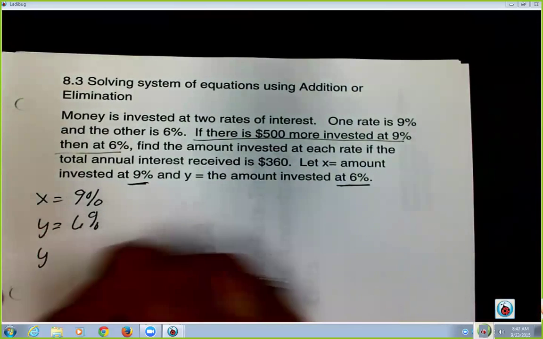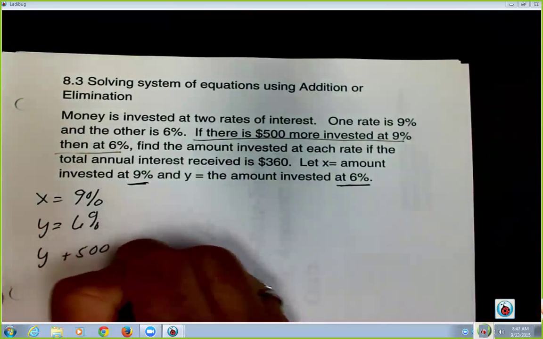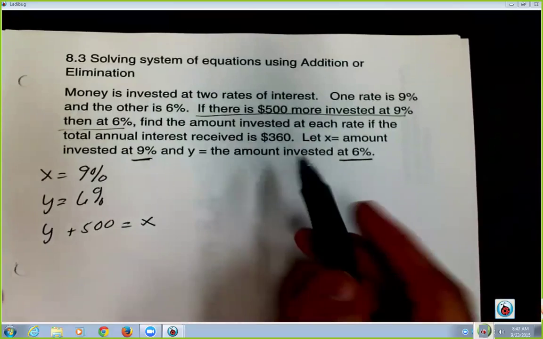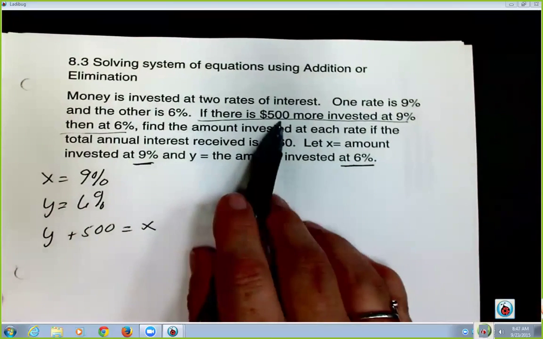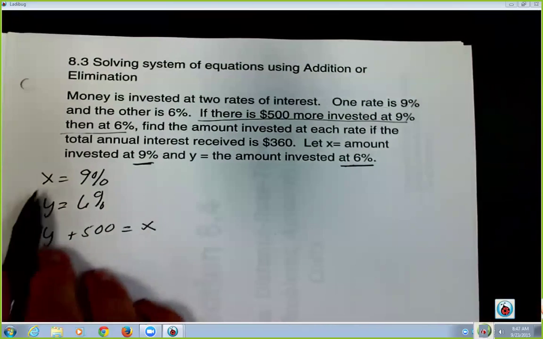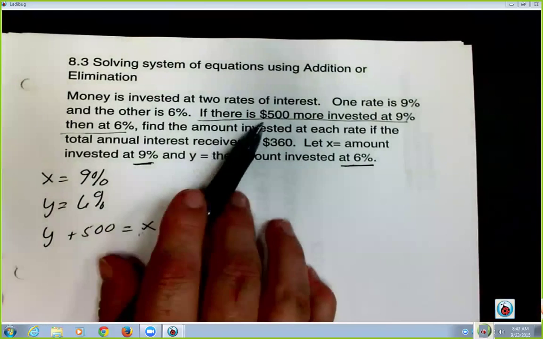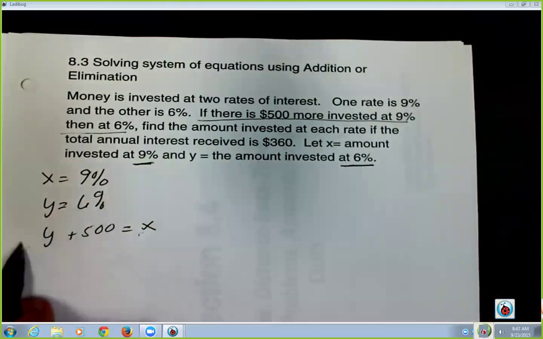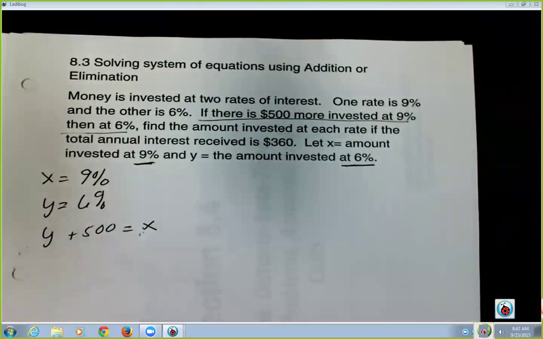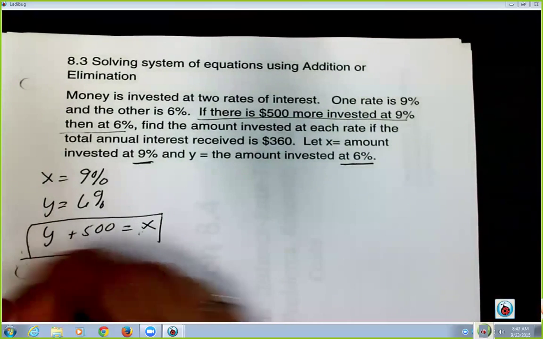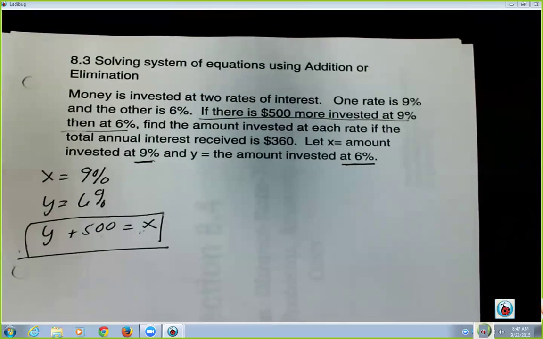Okay, Y plus 500 equals X. The reason is that there's 500 more invested at 9%. The 9% is X, okay? So I would have to add 500 to whatever's invested at Y. So that's one equation. So I have one piece of my puzzle, okay?